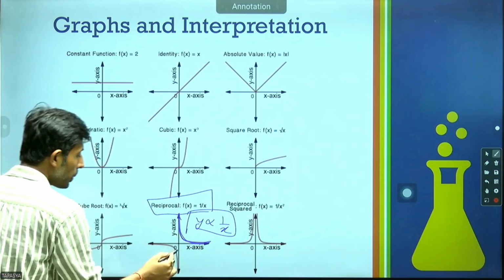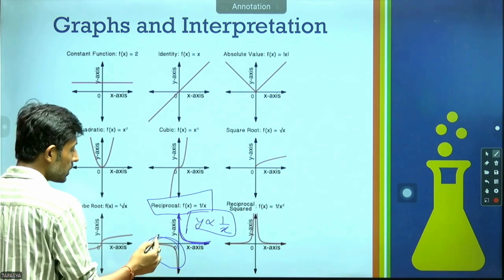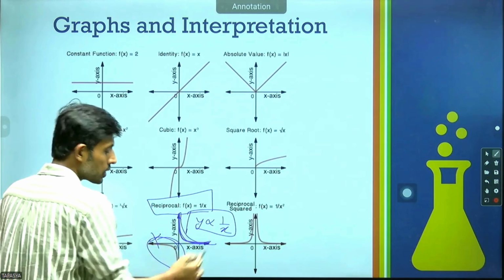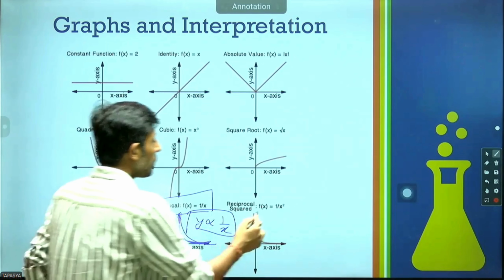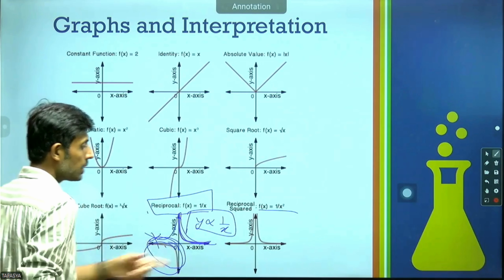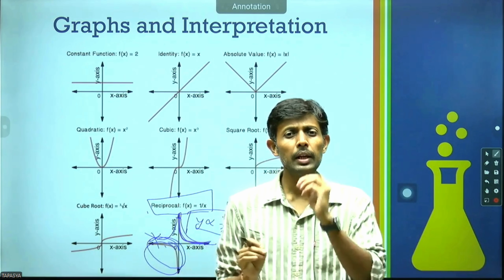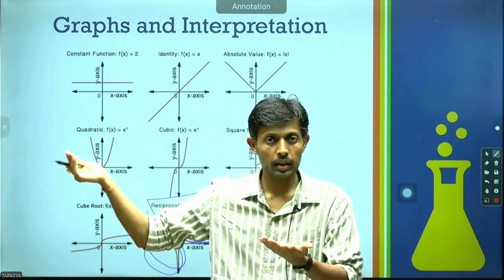For most cases, you won't be concerned about the negative side of the graph. You'll just be focusing on the positive side. Similarly, for 1 upon x square, this thing goes up, becomes like this, and so on. We have familiarized ourselves with graphs and how to interpret graphs.